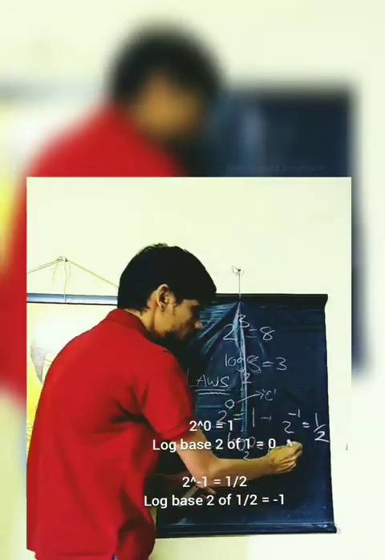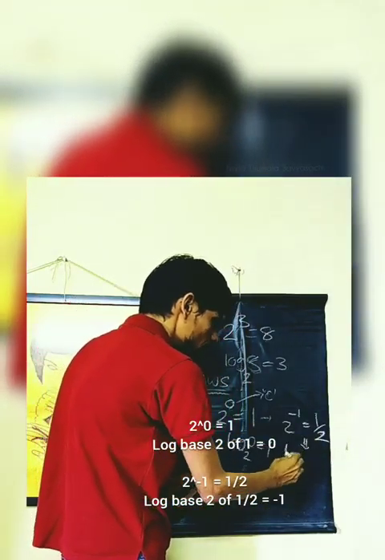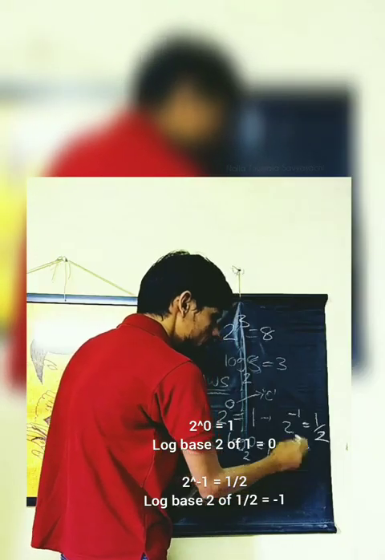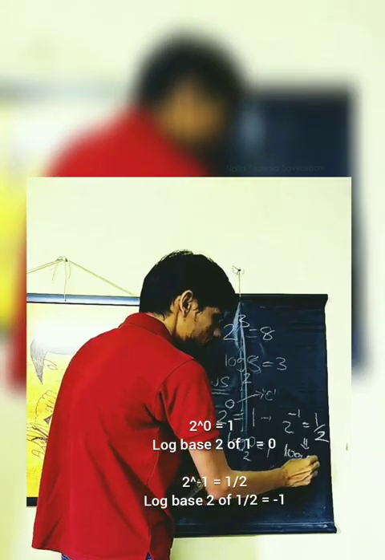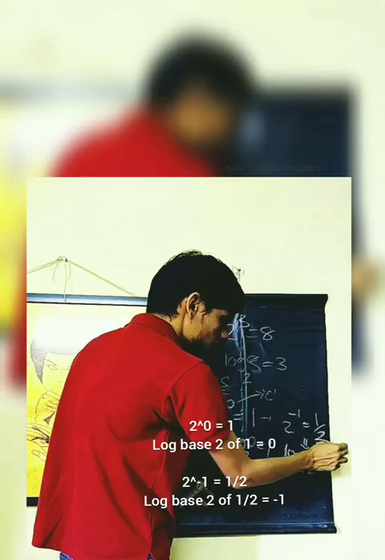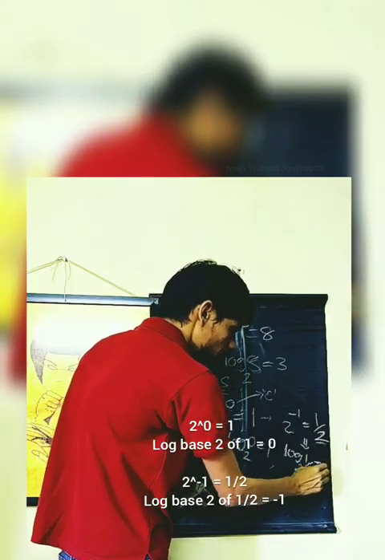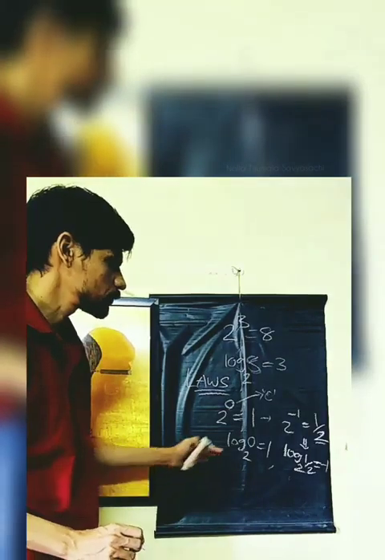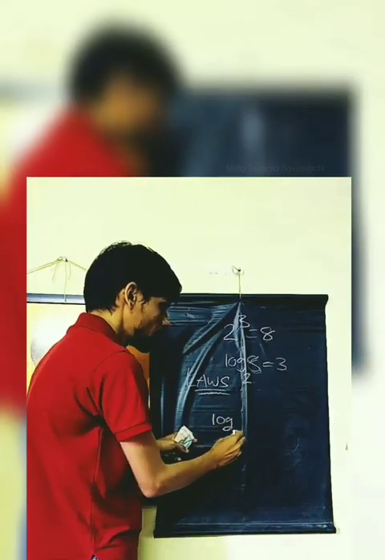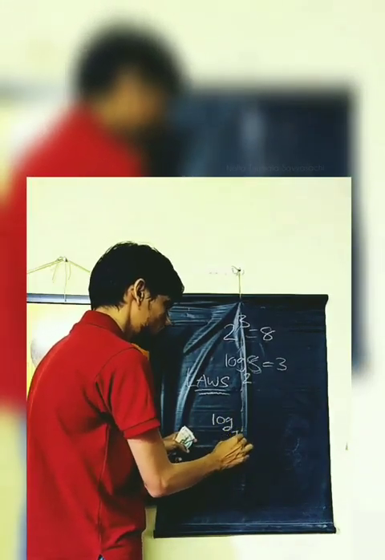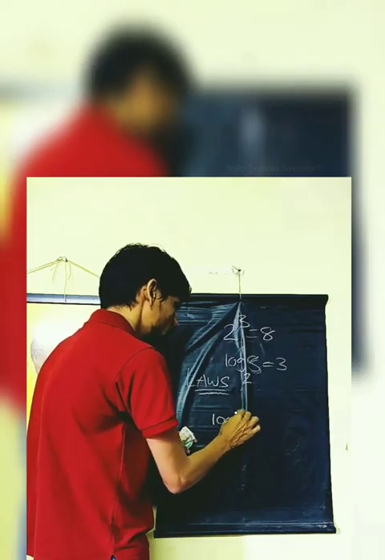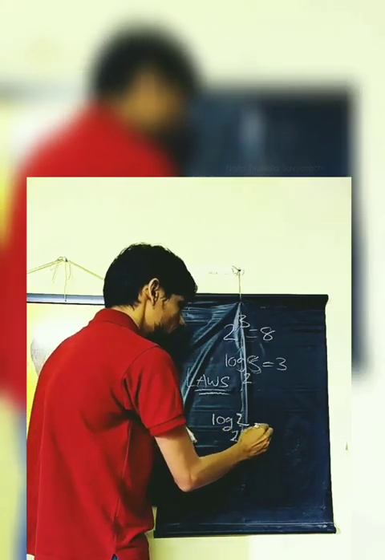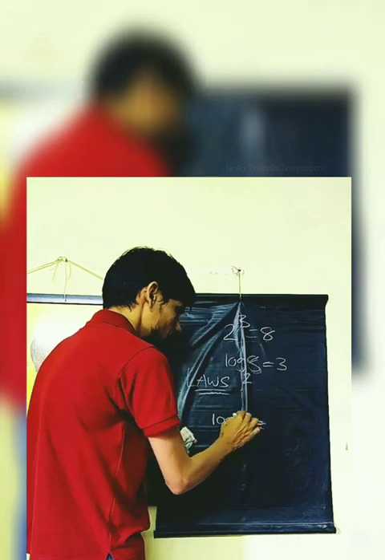So how can you represent this same formula? Log, my base is 2, and this is my output. Log base 2 of this equals minus 1. My growth rate is 2, and this is my output, right? What will be the answer for this?